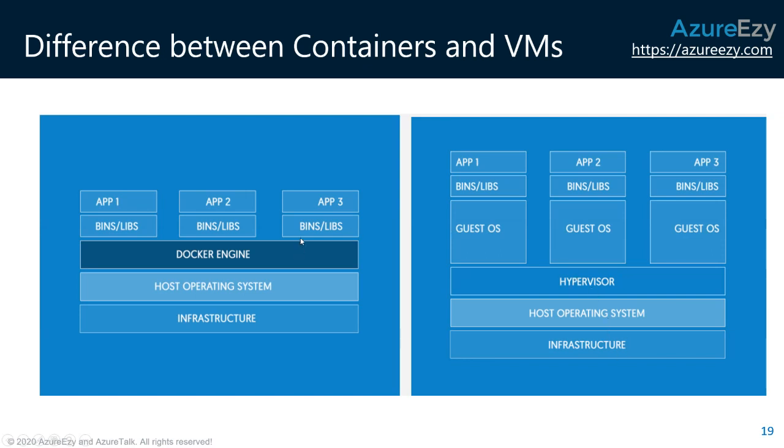That's where containerization comes into the picture. I think in 2008, Linux started using containerization technology, and in 2013, Docker Inc. came into the picture and took containerization to the next level.